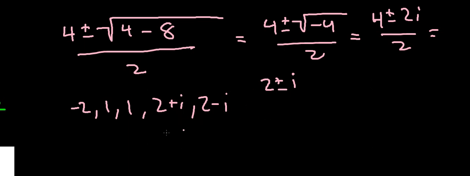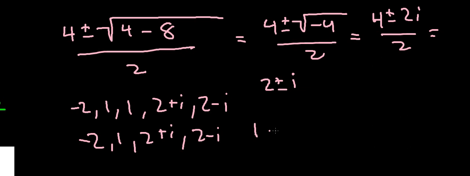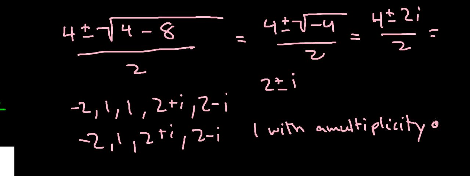Or we can say that our zeros are minus 2, 1, 1 plus i, 1 minus i, with 1 with a multiplicity of 2. So what that means is that 1 is repeated.